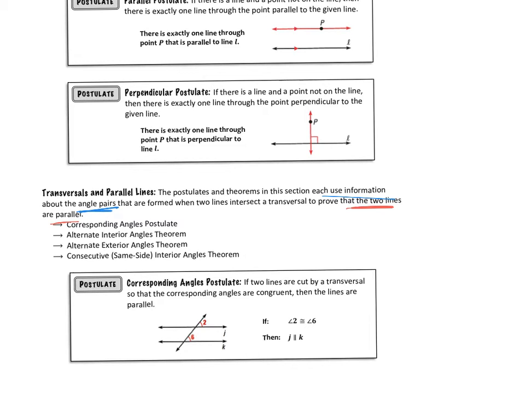These are going to be the converses of the ones we have already learned, and so since we called those the converse, these are the actual original postulates and theorems that those converses came from.